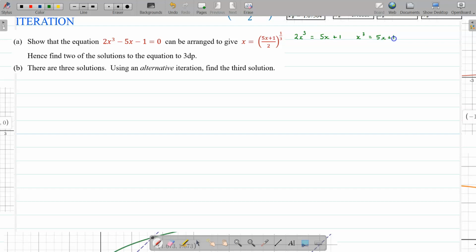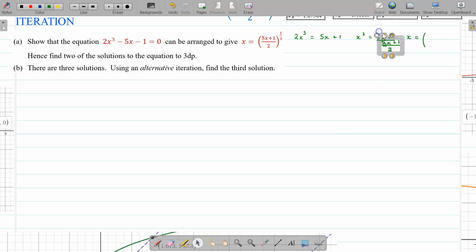And then I'm going to cube root both sides to get x on its own. Now the way that we can write that is we can write a cube root sign, or we can put it to the power of 1/3, which means the same thing. So I'm going to write x equals this expression here that we've just written.